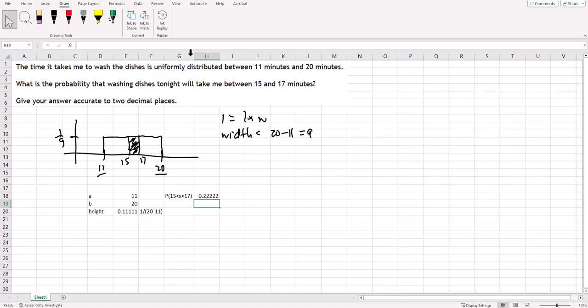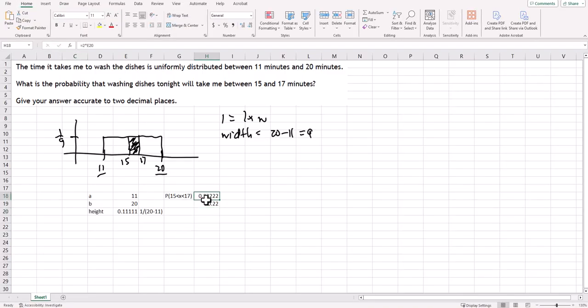We've got 0.222, and this is rounded to 2 decimal places. So 0.22 is going to be our answer here for the probability. So you're drawing a picture, doing a little bit of work to find the height, and then we'll find the area there. If you don't know where the 2 came from, it was equal to 17 minus 15. When we want to find out how wide an interval is, we'll just take the large one and subtract the small one.